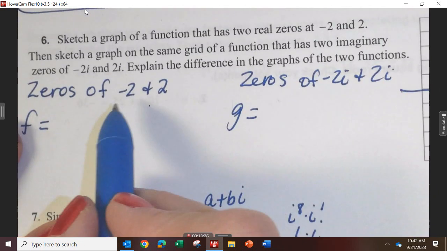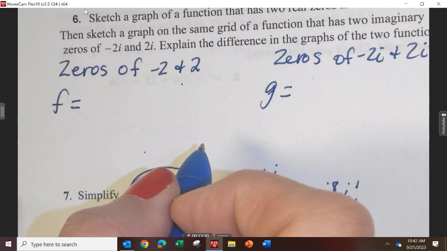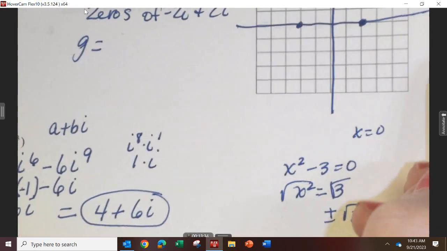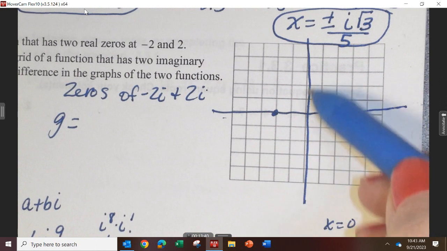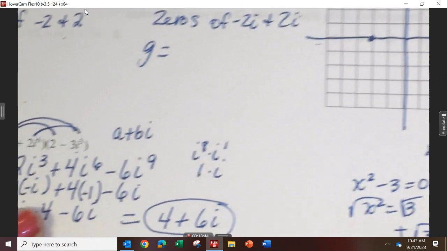And I want to get -2 and +2 as my solution. Lily? Okay, if I had x equals 0, that's going to give me actually infinitely many, well, x equals 0 would look like this. So that's not going to work. That would just be a vertical line.